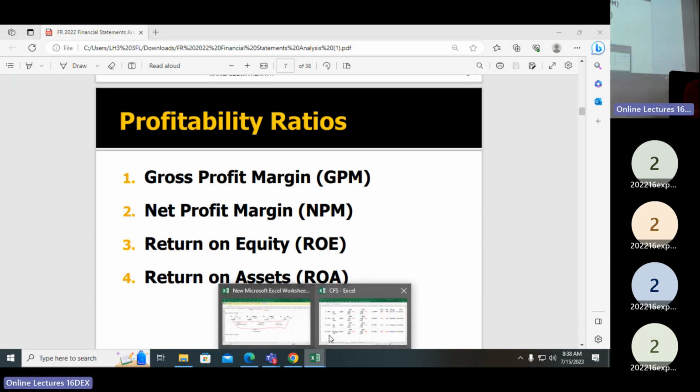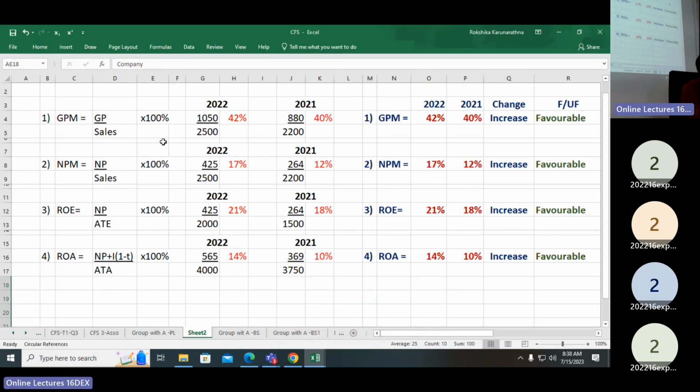And we had the activity answer. So we made the calculation: gross profit margin, gross profit divided by sales as a percentage. Net profit margin, net profit divided by sales.